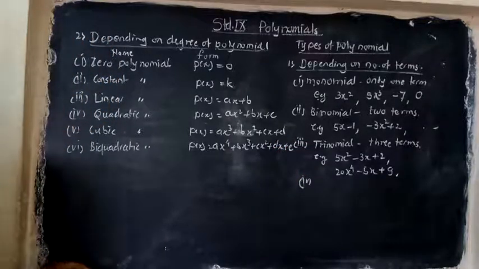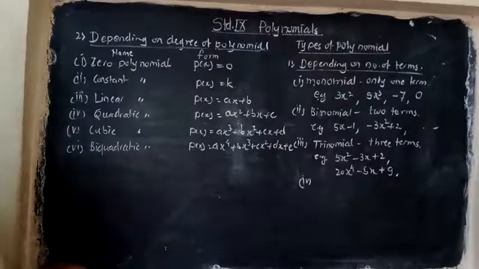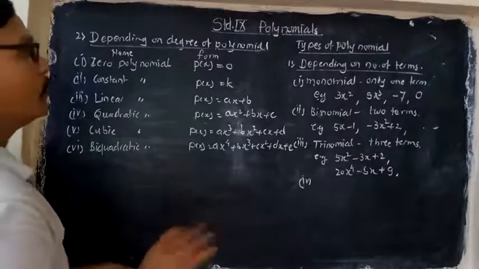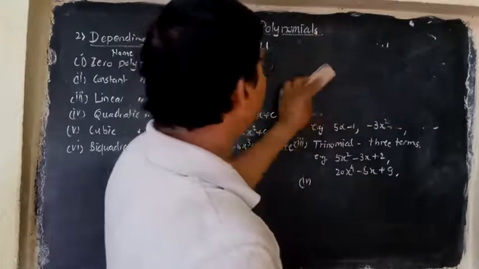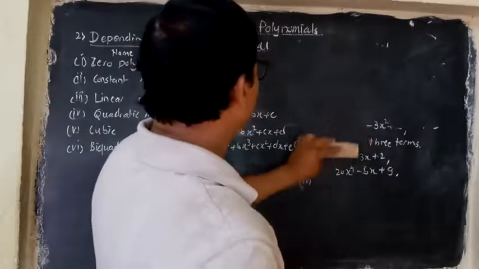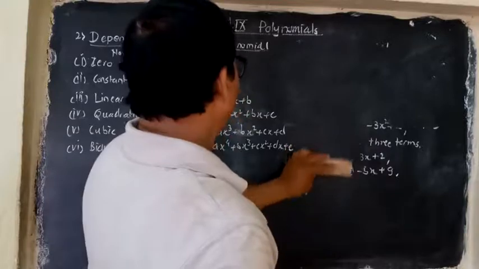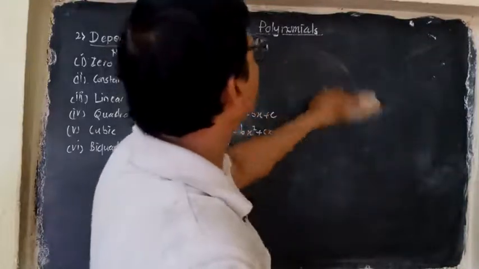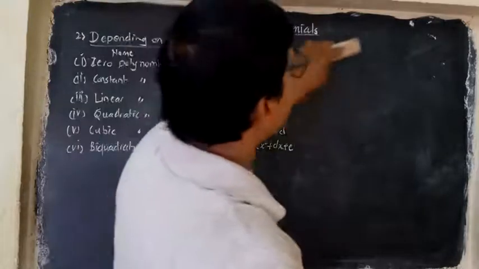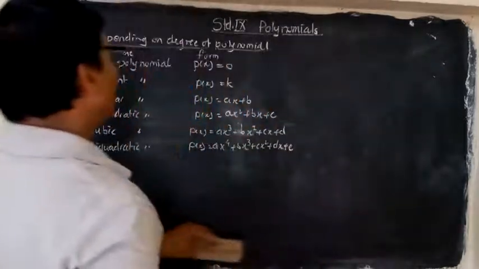And other polynomials are named as polynomial with degree 5, polynomial with degree 6, polynomial with degree 7 and so on. General name is given as px, and variable is generally taken as x, but sometimes we may take other variables also.